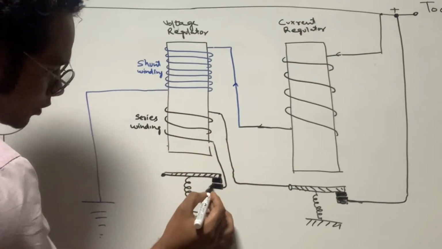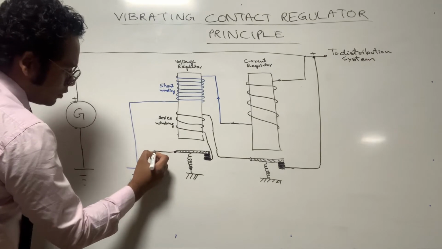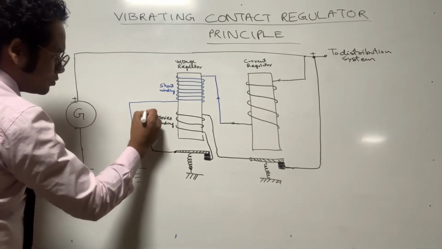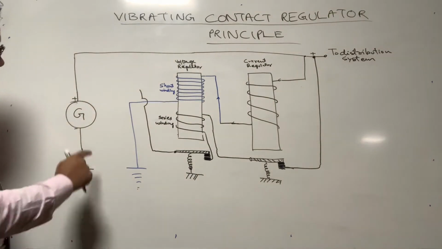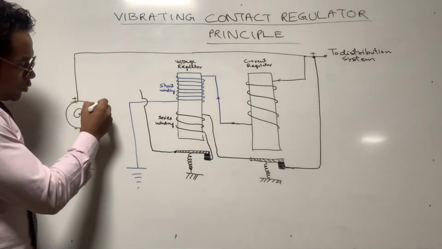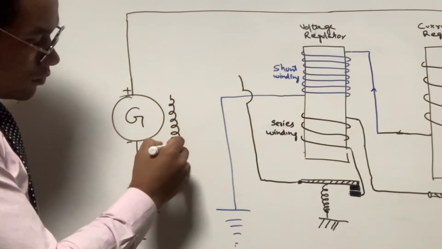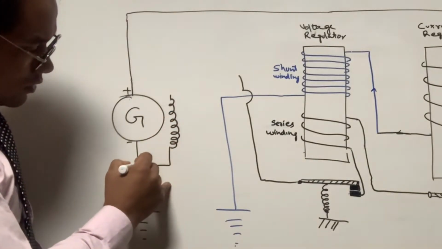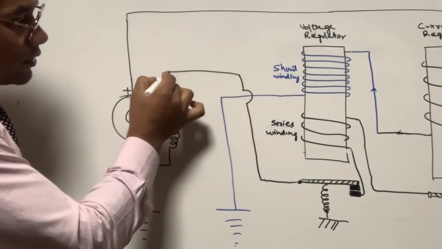It will go via this contact, and via this contact it will be connected to the generator's field winding. So this is the generator armature, and suppose this is the field winding of the generator. Okay friends, so this is the field winding of the generator. It is connected like this.